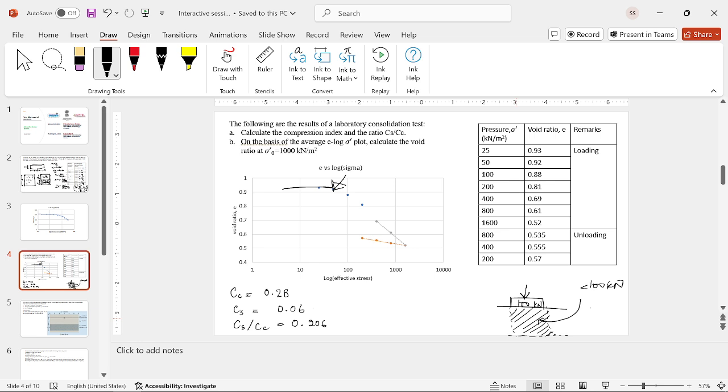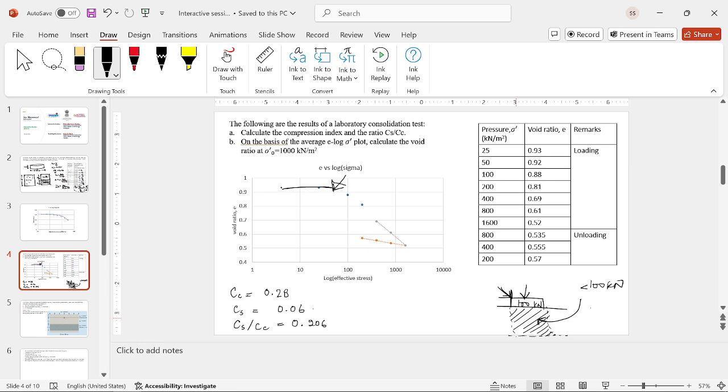Now, I don't know the history of the soil. Maybe initially it was loaded up to 200 kilonewton. But for argument's sake, let us say that this is the pre-consolidation pressure, the maximum load that the soil has been subjected to.